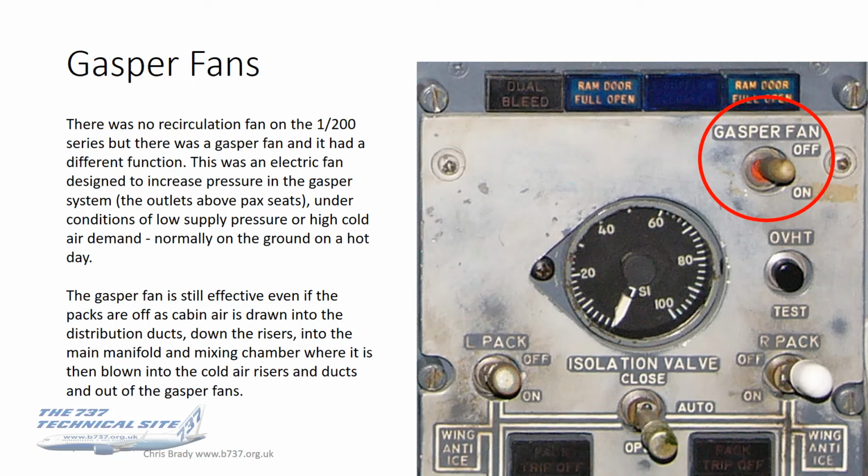So this is normally on the ground on a hot day. The Gasper fan is still effective even if the packs are off, as cabin air is drawn into the distribution ducts down the risers and into the main manifold and mixing chamber. It's then blown into the cold air risers and ducts and out of the Gasper fan. So it goes through all the aircon system. It just doesn't actually pass through the packs themselves.